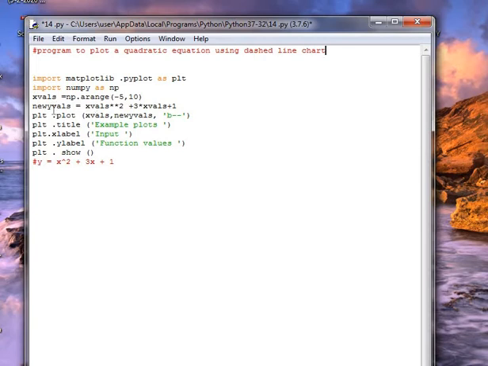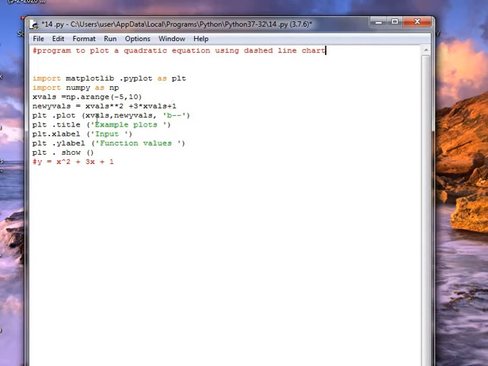Then the y value, that is the variable new y values, x value star star, for exponent, 2 plus 3 into x value plus 1. That is our equation, y equals x raised to 2 plus 3x plus 1.